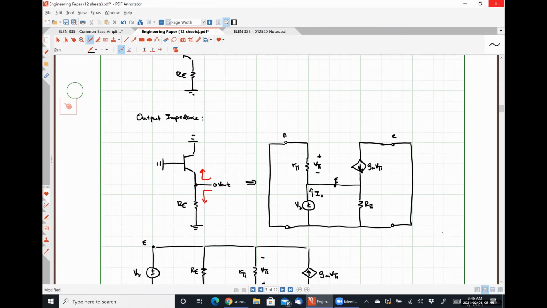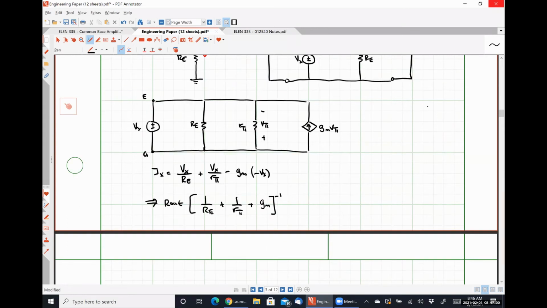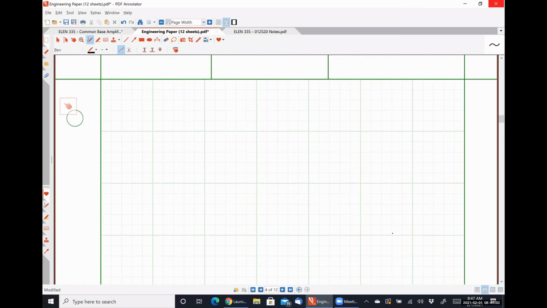Our output impedance represents 3 resistances in parallel. So generally speaking, we should expect that guy to be pretty dang small, right? So we have very high input impedance, very low output impedance. So far, things are looking pretty great. If we look at our voltage gain, here's where things get a little weird.